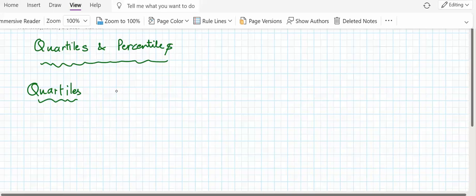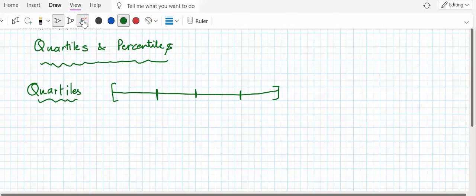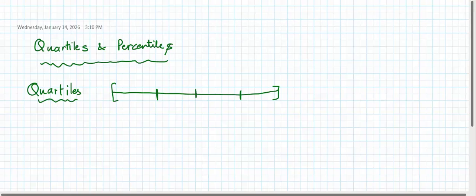Suppose this is my data set. I will divide my data set into four parts.